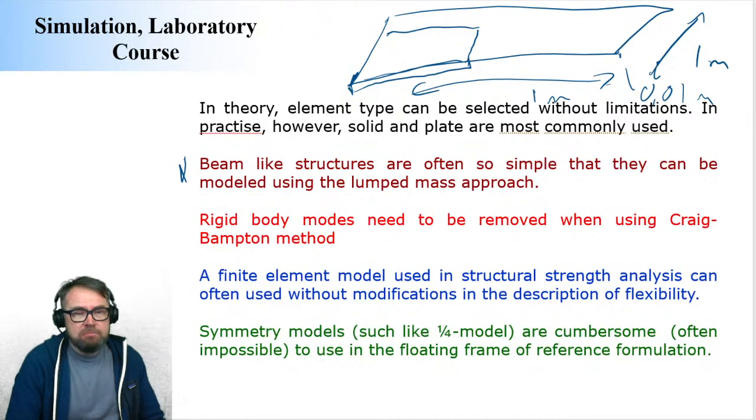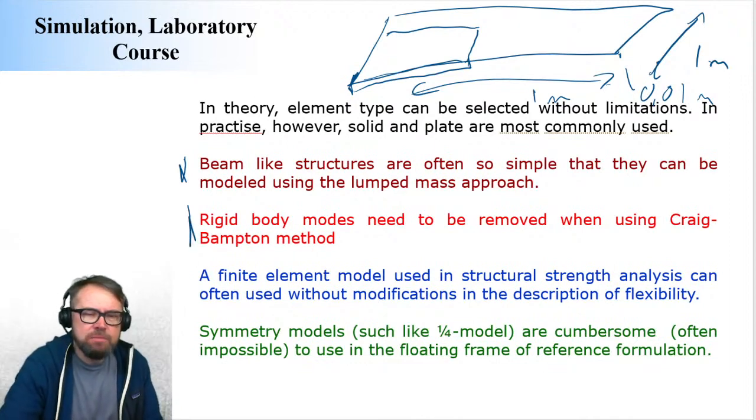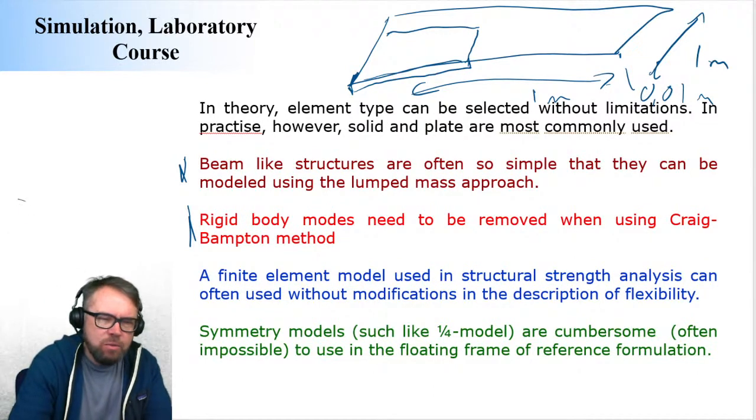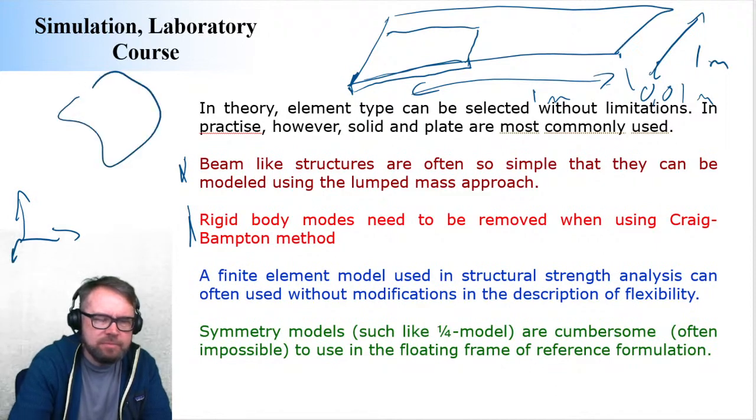Whatever you're using, whether free modes or the Craig-Bampton method, it's very important to take the rigid body modes away from your model. Why is that? Because remember what we do in the floating frame of reference formulation. We have this reference coordinate system, which describes the motion with respect to the global coordinate system.